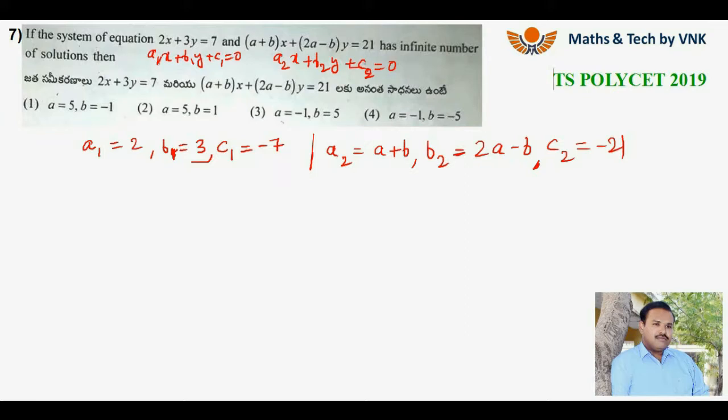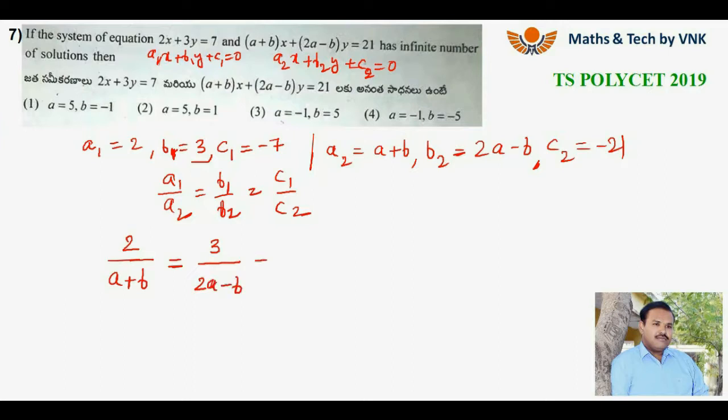If the system of equations has an infinite number of solutions, then a1 by a2 is equal to b1 by b2 is equal to c1 by c2. Now substituting a1, a2, b1, b2, c1, c2 values. Now a1 is 2, a2 is a plus b, equal to b1 is 3, b2 is 2a minus b, equal to c1 is minus 7, c2 is minus 21.